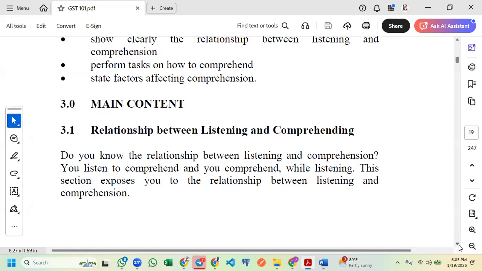So that is why there is a relationship between listening activity and understanding, because the main purpose of listening to someone or something, a lecture, a seminar, a program, or anything, is that you want to understand what is being done there. If there is a new concept that they want to pass to you in that seminar, you want to understand it so that it's going to stick in your brain and in your heart.